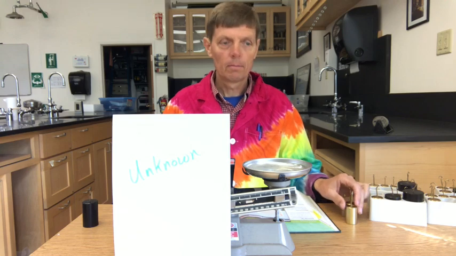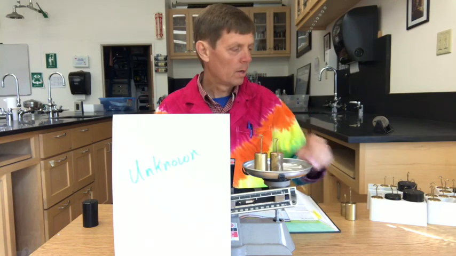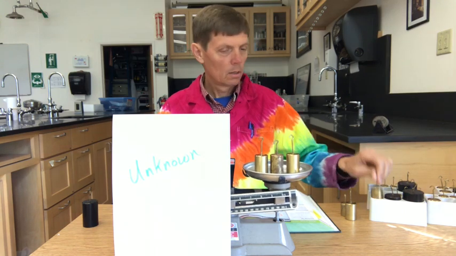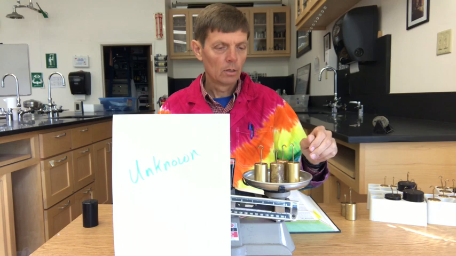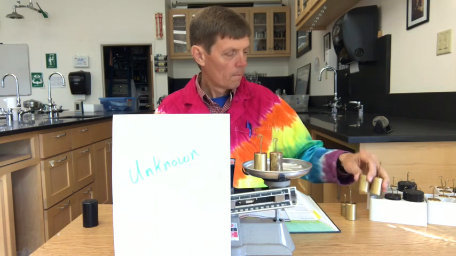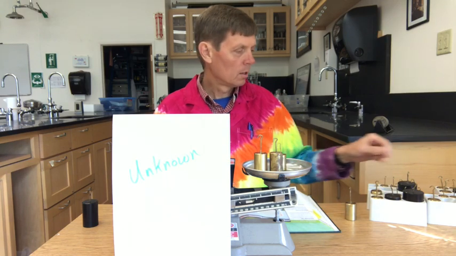Again, we're going to use the same kind of a thing. I'm going to put these masses on there, and I'm going to put a bunch just to start with to see how much it is. Well, that went too far. So I'm going to take some off, and I'm going to put some smaller ones on there.